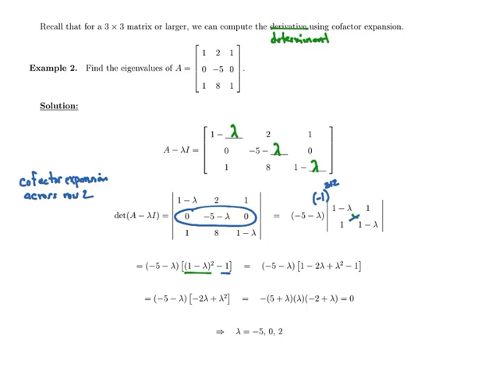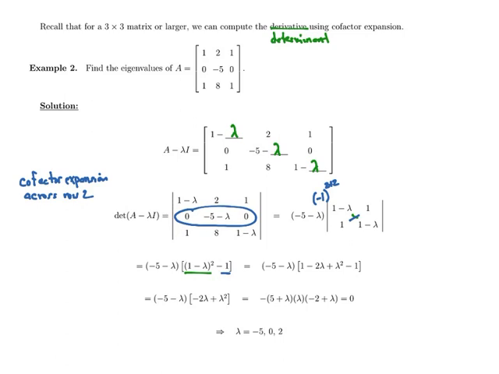And then I need to factor. I need to distribute across everything, get it into, in this case, a cubic, and then factor. So I'm going to keep the negative 5 minus lambda, but I'm going to expand 1 minus lambda squared into 1 minus 2 lambda plus lambda squared, and I have a minus 1.